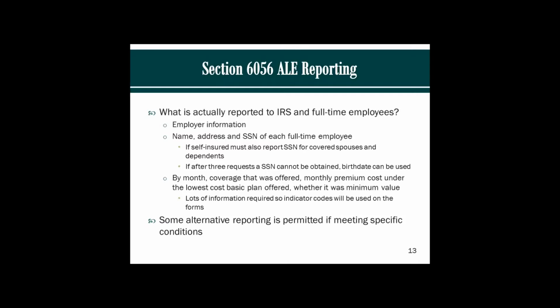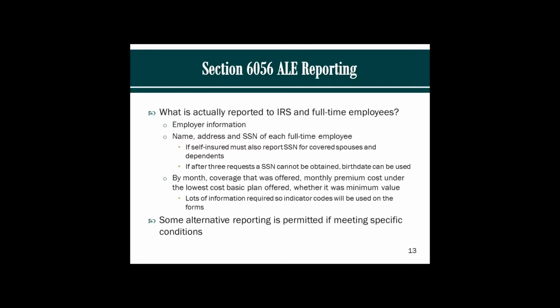Did you offer minimum value only to an employee? Did you offer it to the employee and a dependent, or to the spouse? The next series of codes are Series 2, and they go from 2A to 2I. Again, it's reporting why you may not have offered coverage or that you covered the employee. So again, a lot of information, especially with these indicator codes.